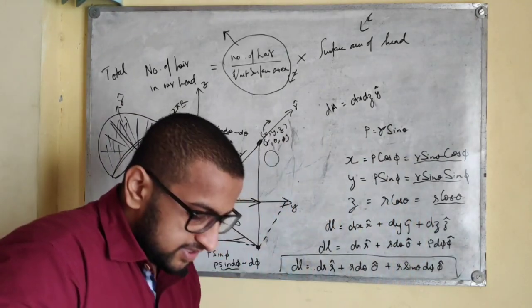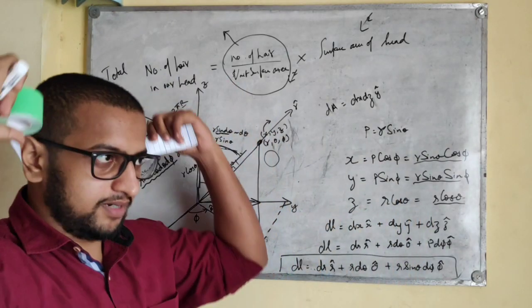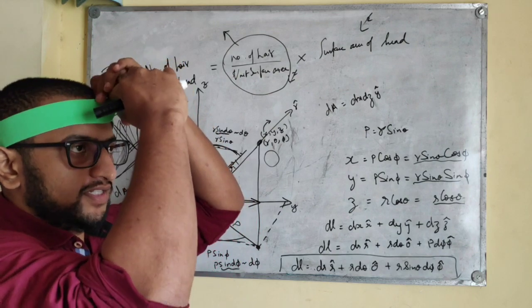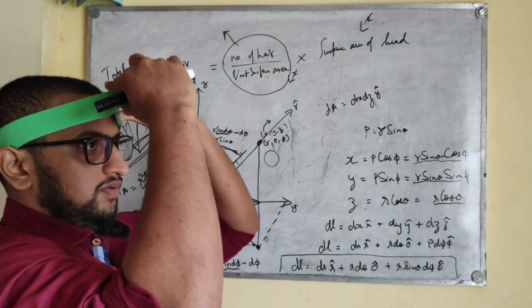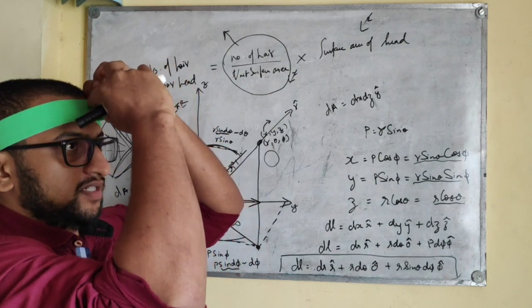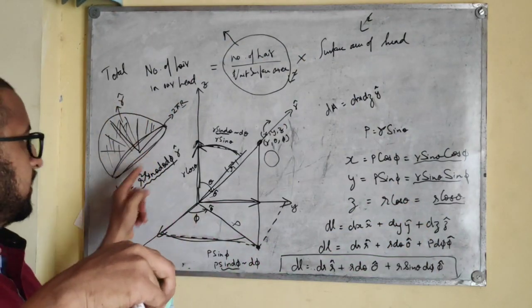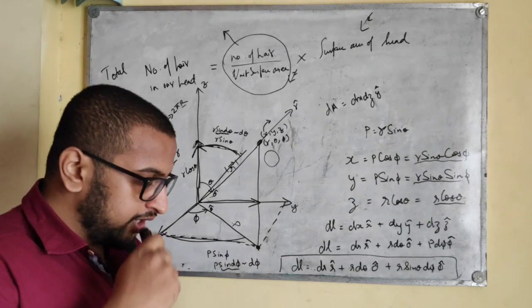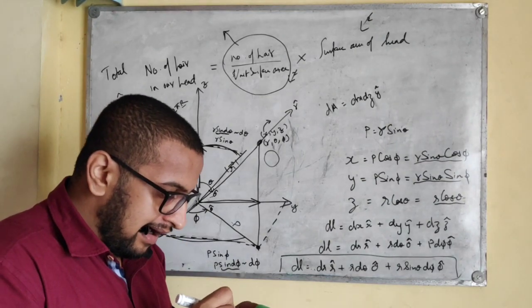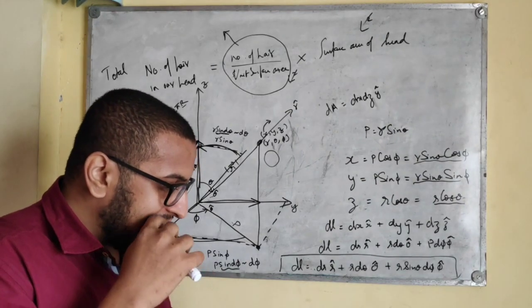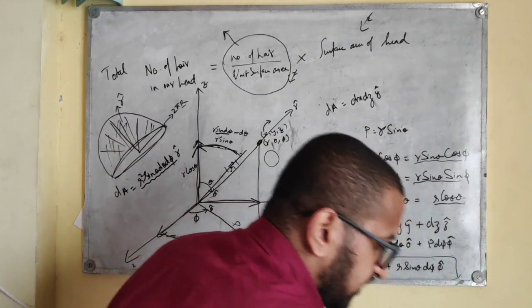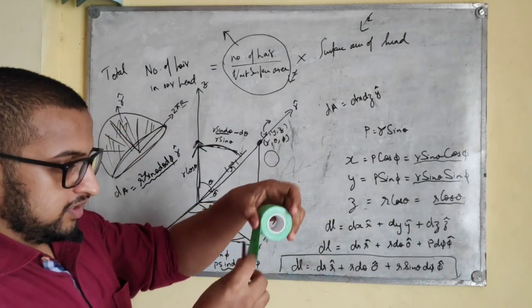I am using some random tape to measure my circumference. This will give me the approximate circumference of my head, and I'm going to mark it, and then measure it with the ruler.